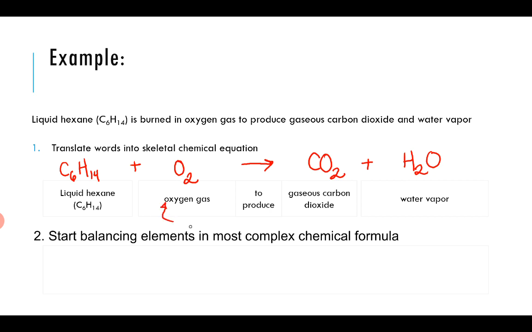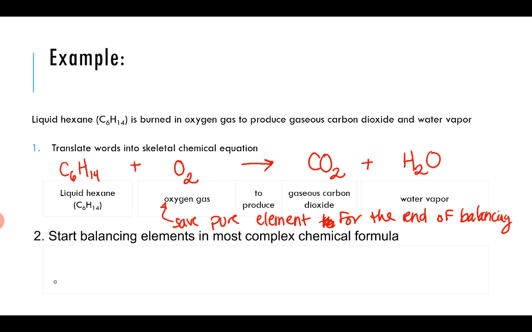So I'm going to write: save pure element for the end. What I mean by that is let's balance the carbon and the hydrogen first, and then we'll go back and work on the oxygen.